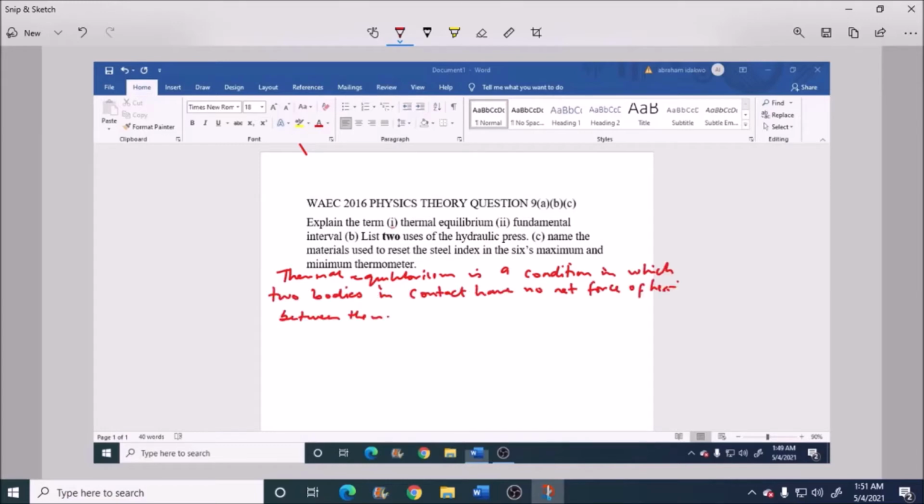Okay, now fundamental, that's number 2 in Roman figure.